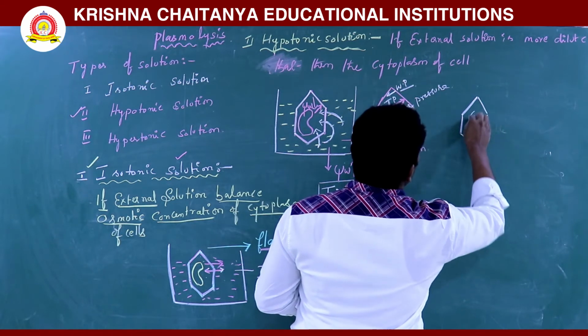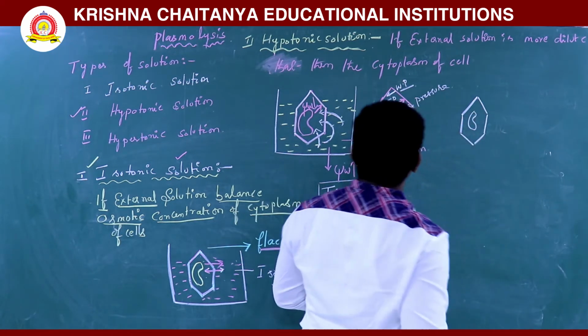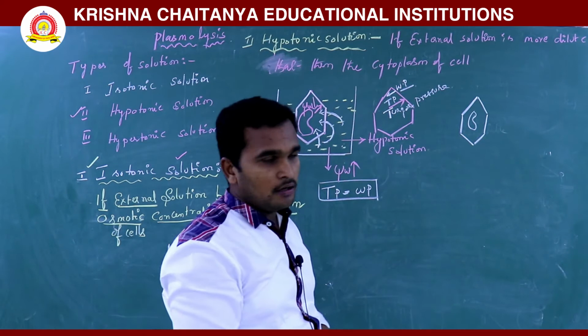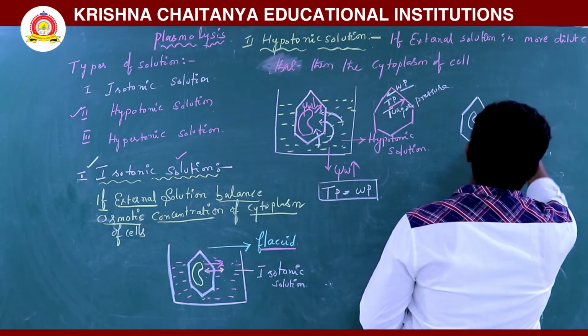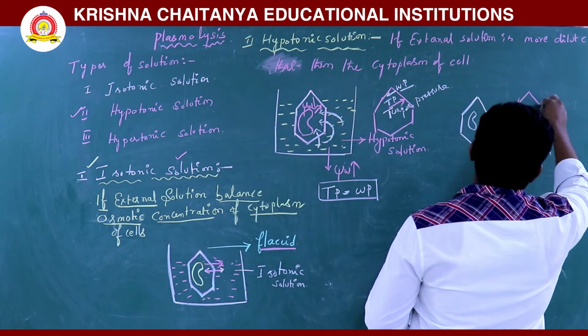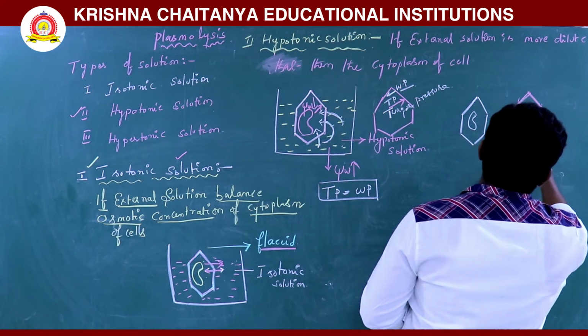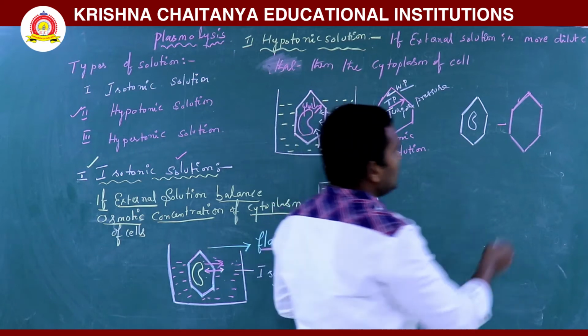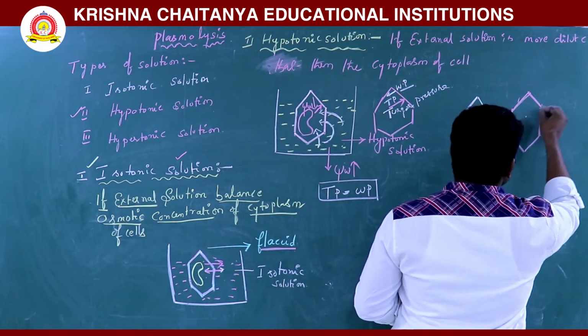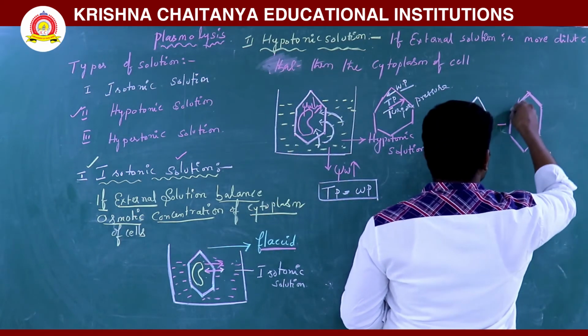Now when you place it into the hypotonic solution, the cell will become turgid. Why is it turgid? Due to the swelling of the cell.